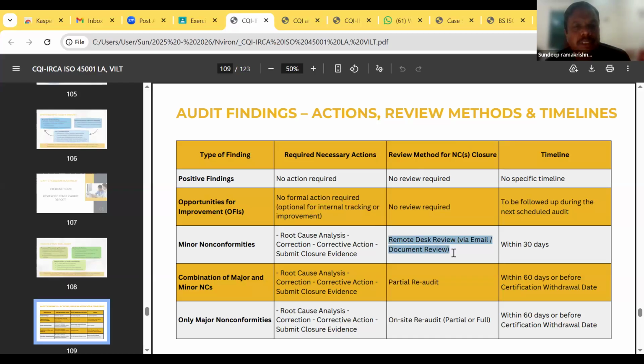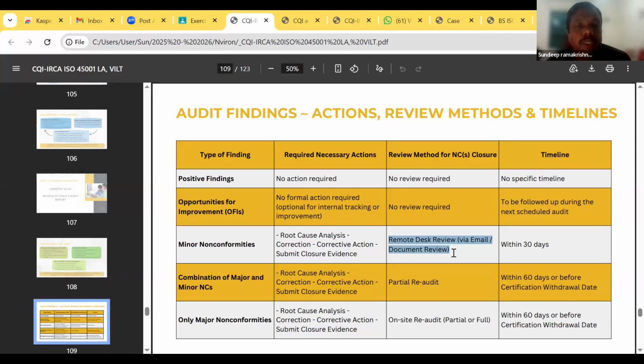Major non-conformities and minor non-conformities, if they are there, a root cause analysis, correction and corrective action have to be submitted with closure evidence. So if there are major non-conformities in whichever department, a partial re-audit is required, that is a review method. And this has to be done within 60 days or before withdrawal of certification.